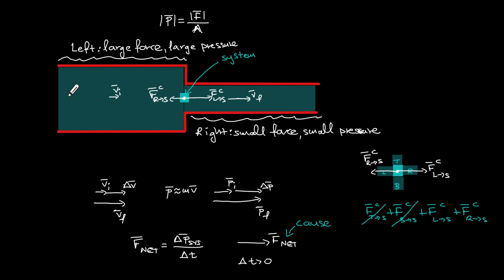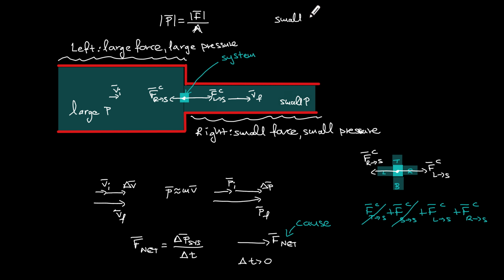So here we have a large pressure. Here we have a small pressure. This is the Bernoulli effect. When the fluid is moving slowly, see here I have a small velocity, I have a large pressure. In the areas where the fluid is moving fast, I have a small pressure. This is what we call the Bernoulli effect.